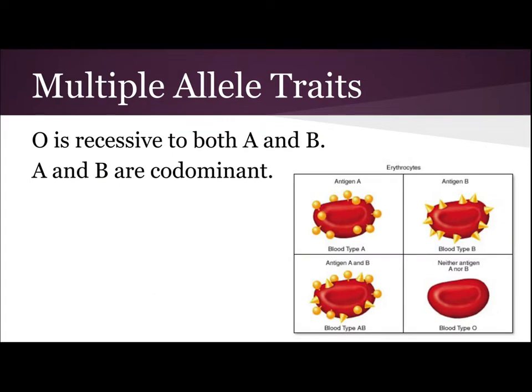So what we mean when we say blood type is we're concerned about blood type because of an immune response that can happen if you have the wrong type of blood in you.